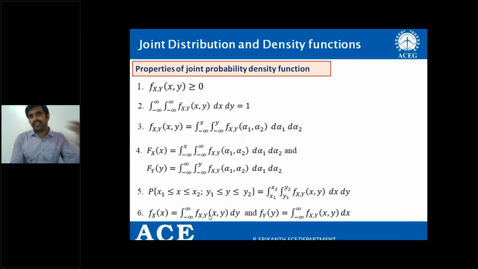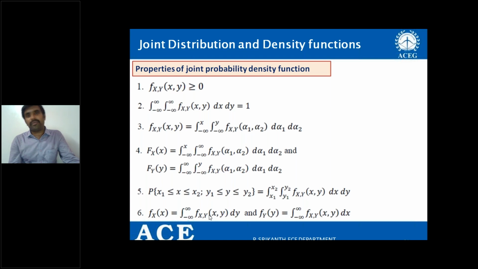The first property is that the density function is always a non-negative function. The second property is that the total area under the density curve is equal to 1. The third property is that the distribution function can be derived from the density function by taking the double integration.